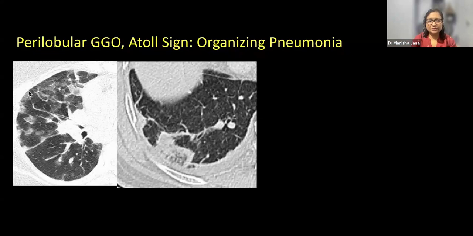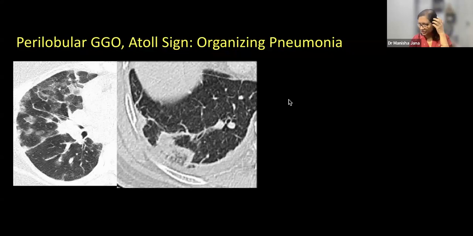You can see this very geographic appearance, ground glass opacification peripherally, and this is what is known as the atoll sign. An atoll is a group of small islands covering a part of the sea. So there is peripheral consolidation and central ground glass opacity. These features are suggestive of organizing pneumonia, or OP.